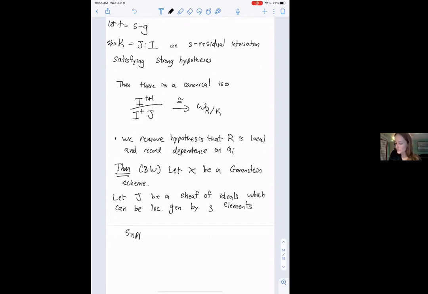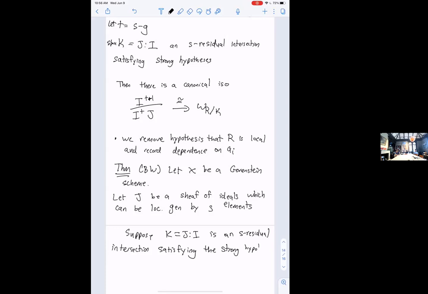Suppose K, J, I is an S residual intersection satisfying the strong hypothesis.